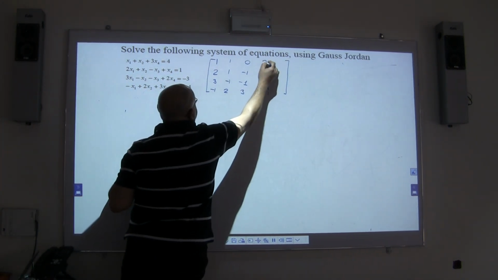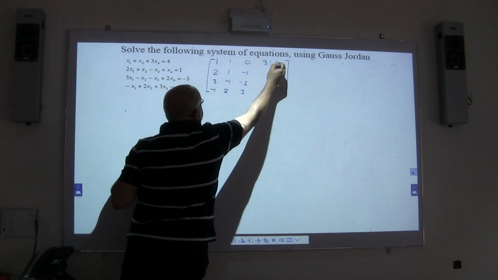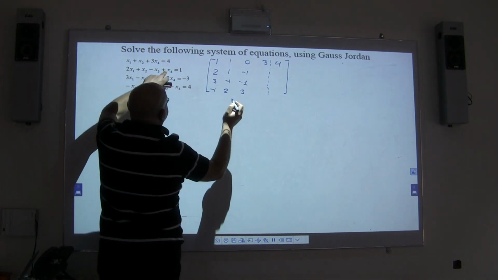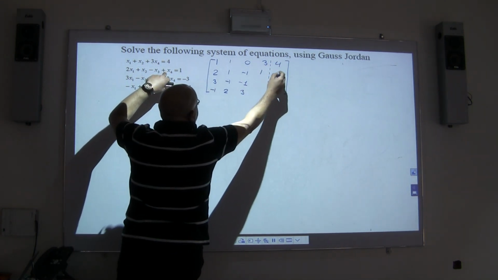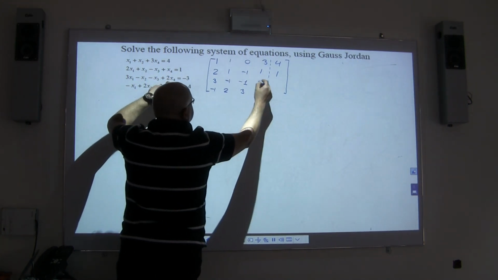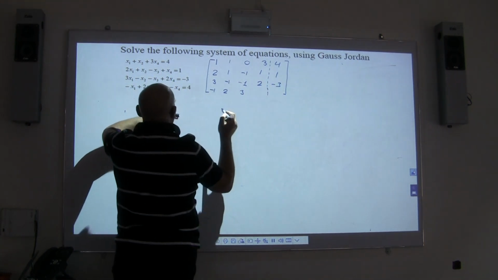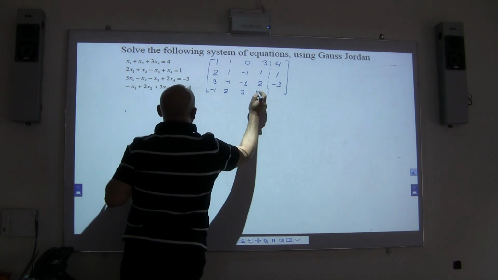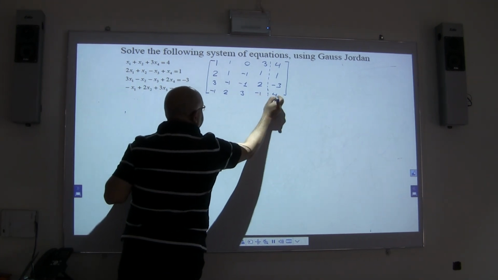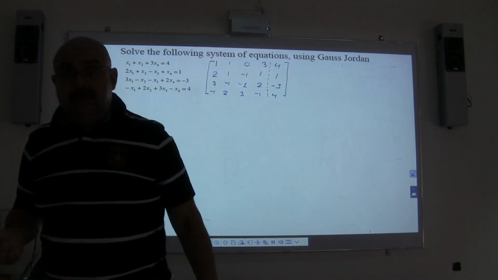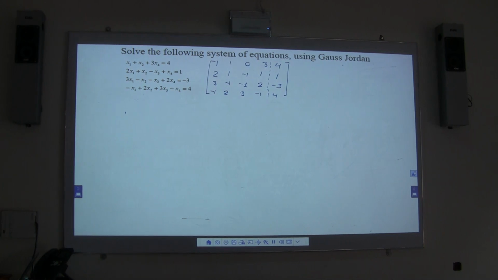You will have 3, 4 for the result, and for this one it's going to be 1 and 1. For the last one it's going to be 2 and -3. The last equation will be -1, then 4. Please check the numbers. Maybe I made a mistake. So it's 1, 1, 0, 3, 4, 2, 1, -1, 1.